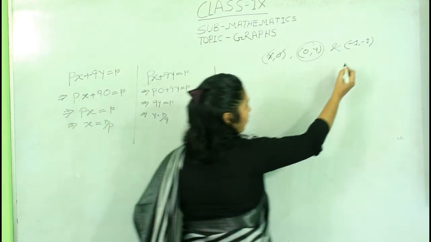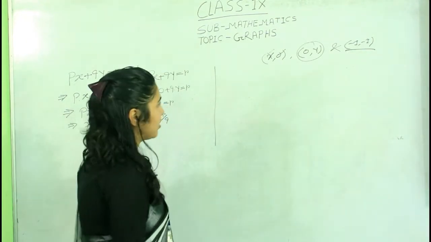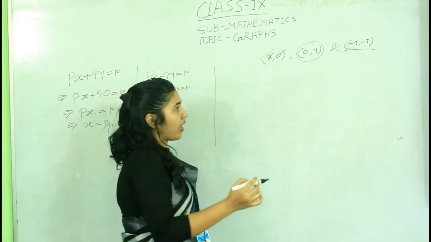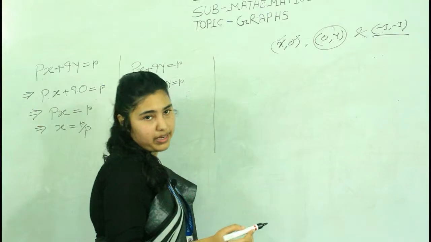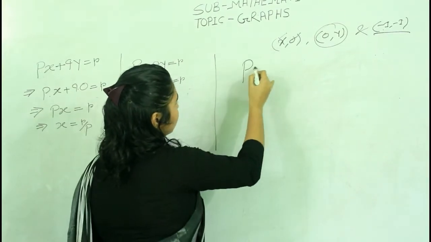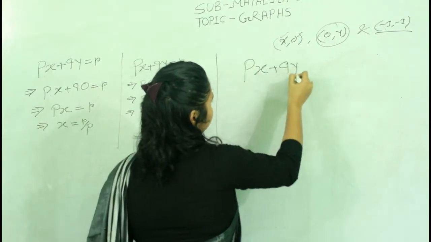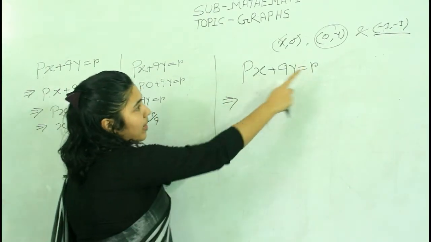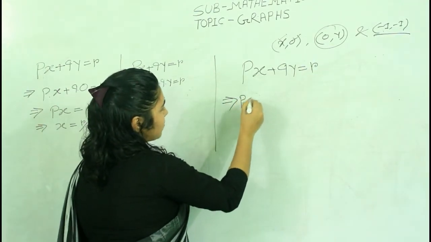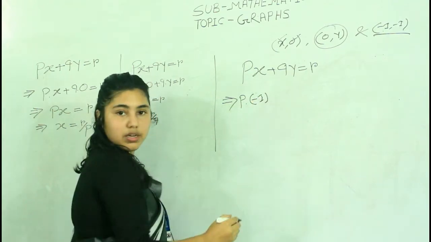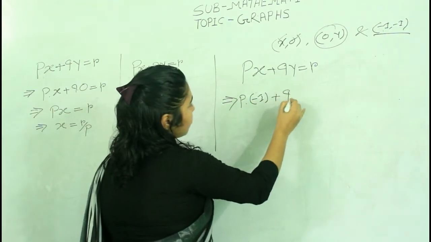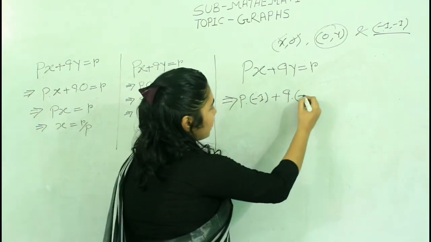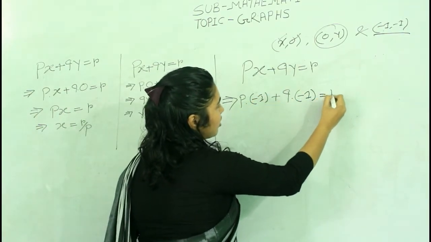Now take our last point, which is (-1, -1). That means the x coordinate is minus 1 and the y coordinate is also minus 1. Again satisfy this equation. Put minus 1 in place of x, that means p into minus 1, and minus 1 in place of y, that means q into minus 1 equals r.